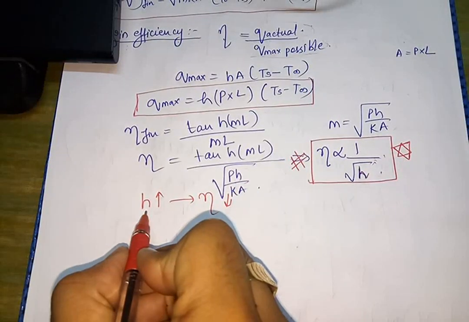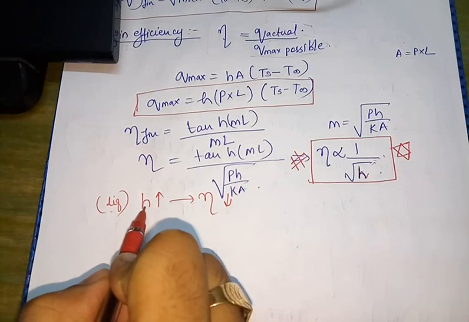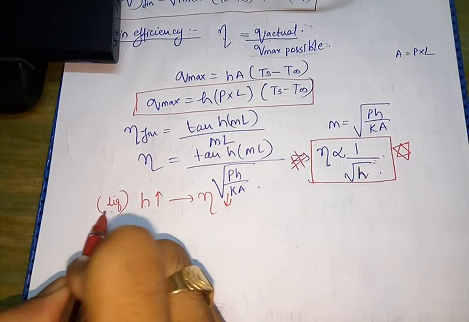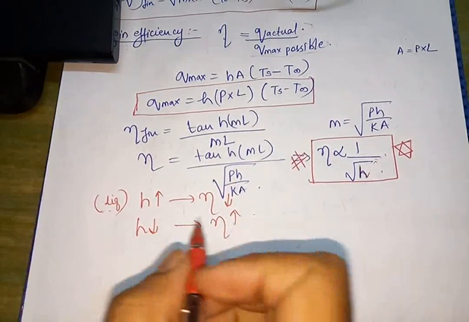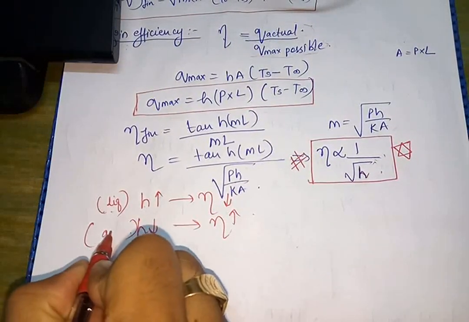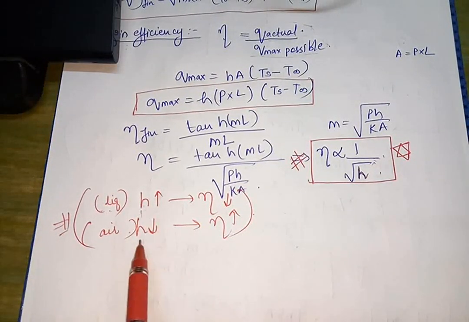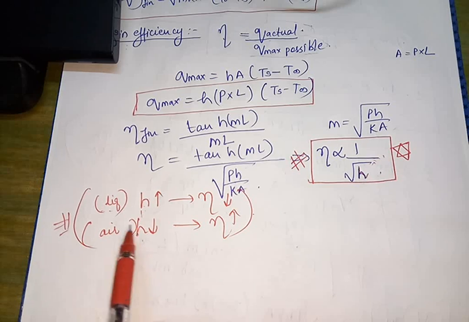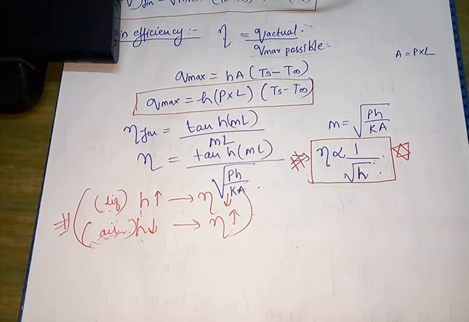The value of h is generally high in case of liquids, and if the value of h is low, then efficiency is going to be high. That is for air. So the value of heat transfer coefficient should be low, and for that we must use ambient surrounding as air.